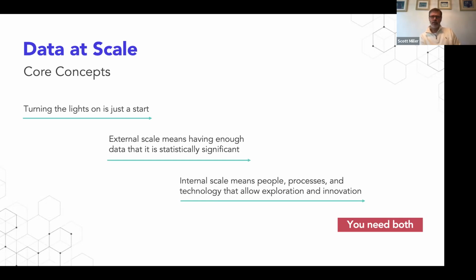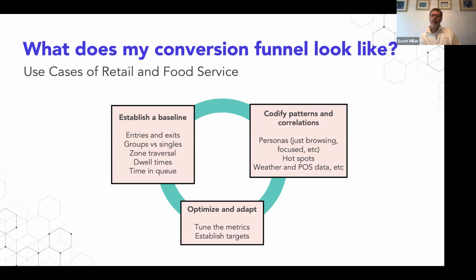Okay, let's talk about use cases. We're going to talk about use cases in retail and food service, some manufacturing and construction, and then some transportation. And what I'd like to do, in this theme of asking questions of your data, is drive this with an initial fairly high level but important question.